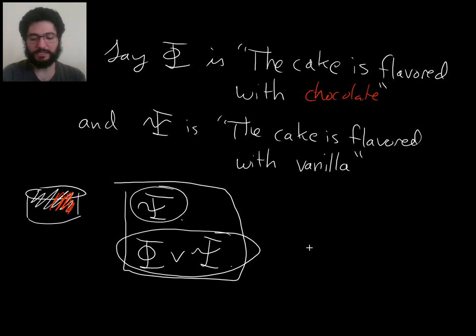In English, if someone says the cake is either flavored with vanilla or with chocolate, you would probably deduce that it's one or the other, but not both. But in mathematics, or doesn't work that way. It's inclusive. To say that phi or psi is true is to say that either one is true, or the other is true, or both are true. That's included.